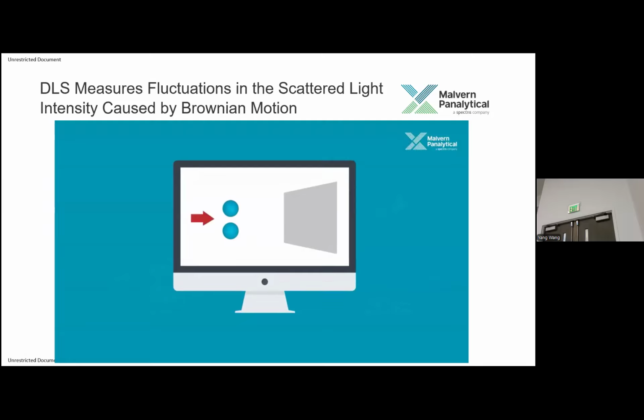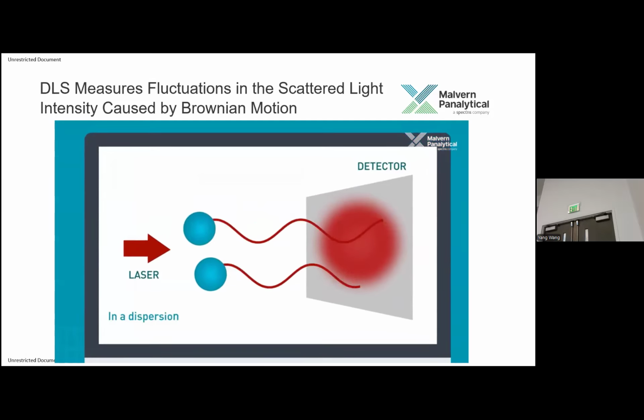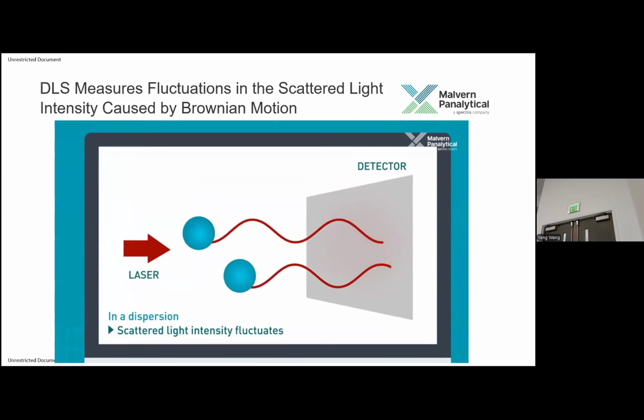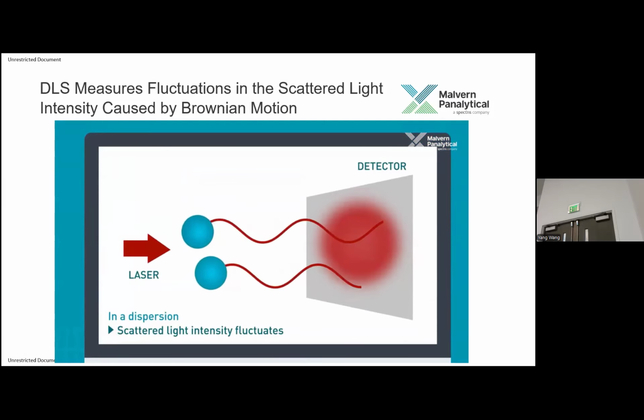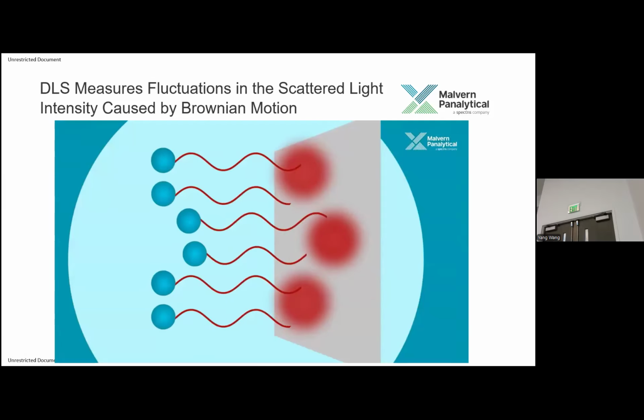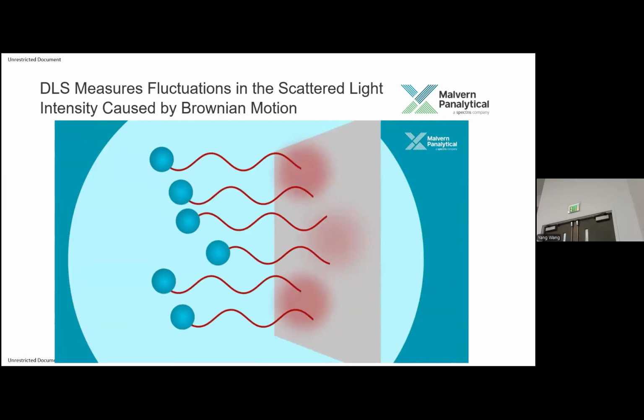So when we talk about dynamic light scattering, if we suspend physics for a moment and say particles are completely static in solution, then when they see an incident laser beam and scatter photons, the photons will present a static signal at a detector. But because particles are constantly moving around in random motion, the signal at the detector is going to fluctuate.